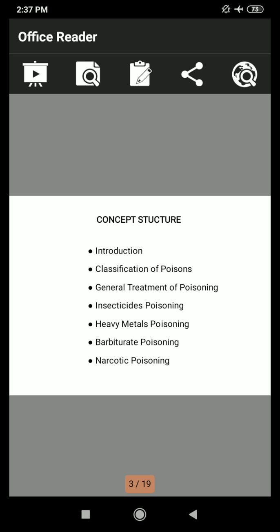If not attended in time, respiratory failure, coma and finally death may occur. Then treatment involves the following steps: decontamination, then emesis, gastric lavage, antidotes and use of cholinesterase reactivator, then other measures.